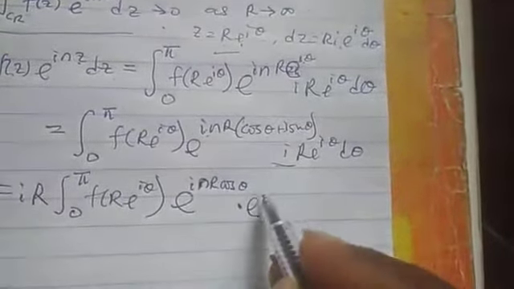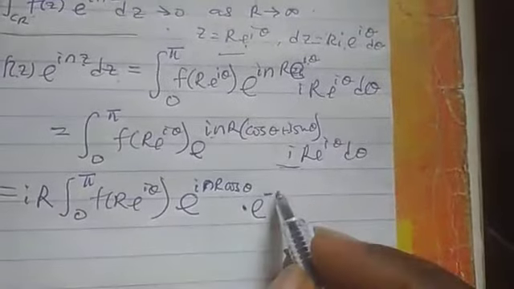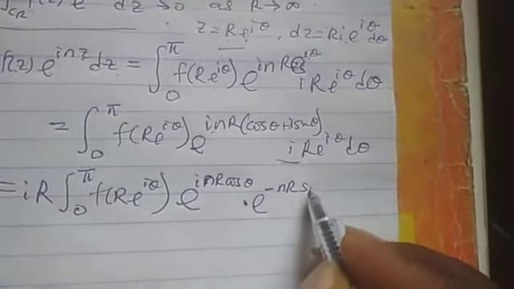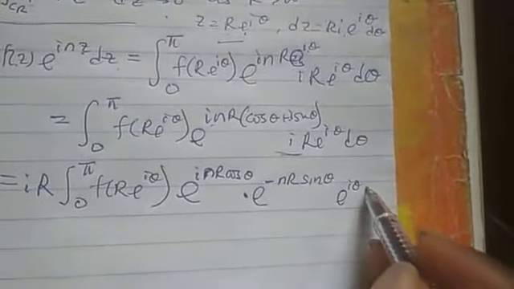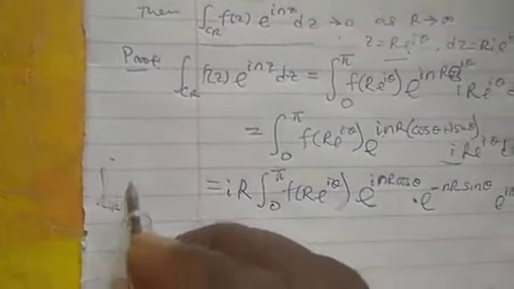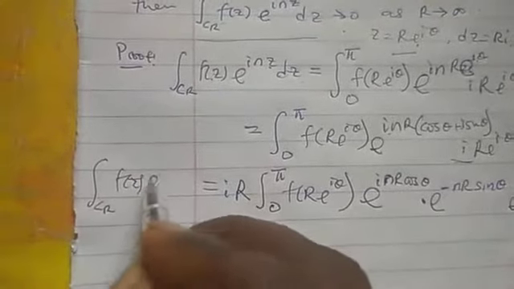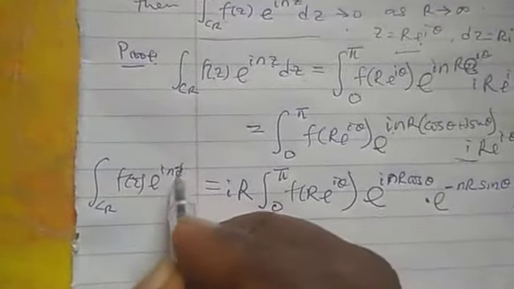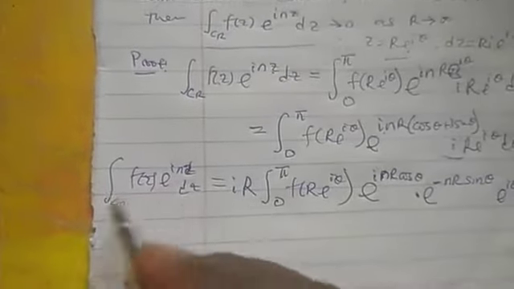If you expand this one, it will be minus, i squared being minus 1, nr sin θ. So there is an exponential here, dθ. So what we are saying is that the integral of f(z) e^{inz} dz over C_R is equal to this.